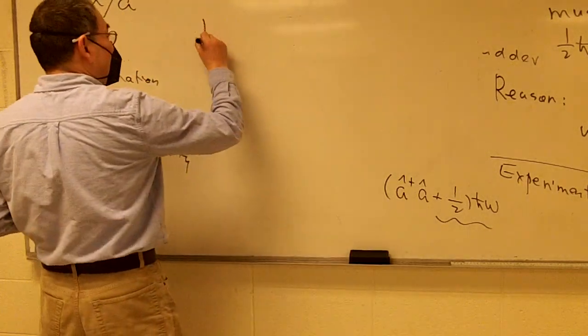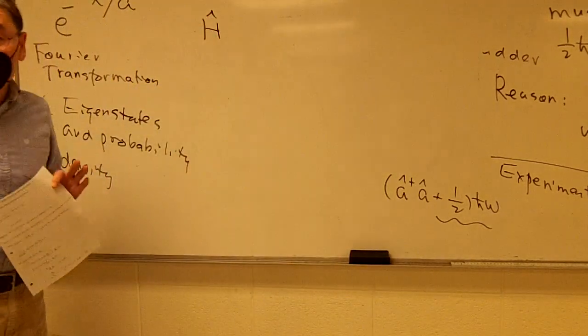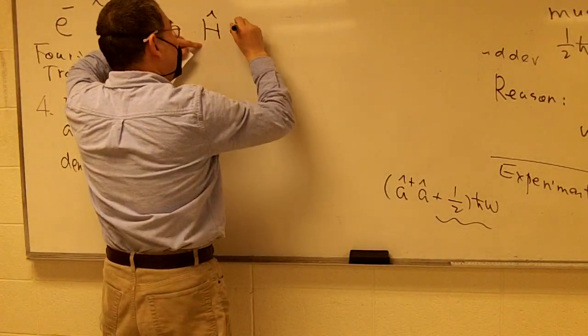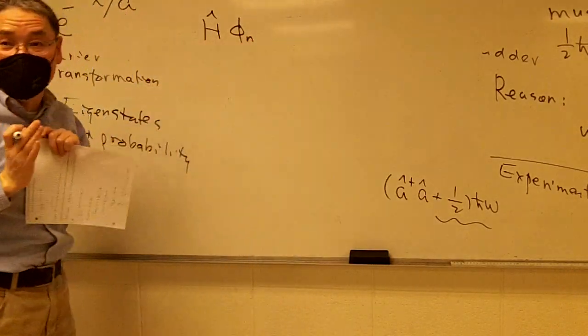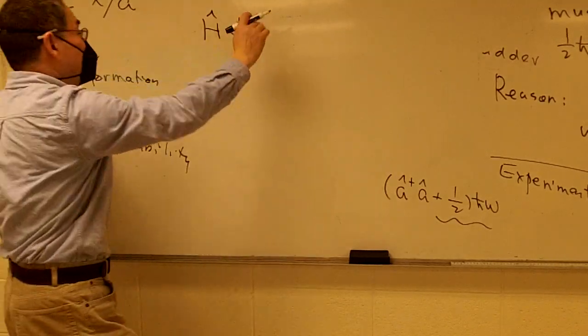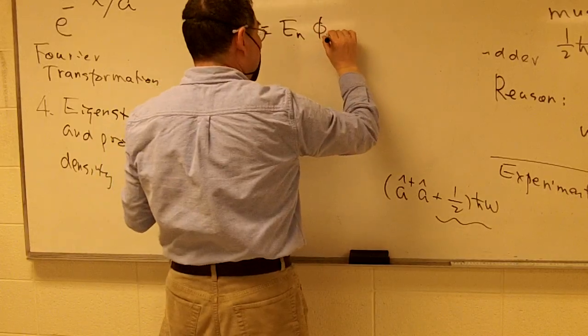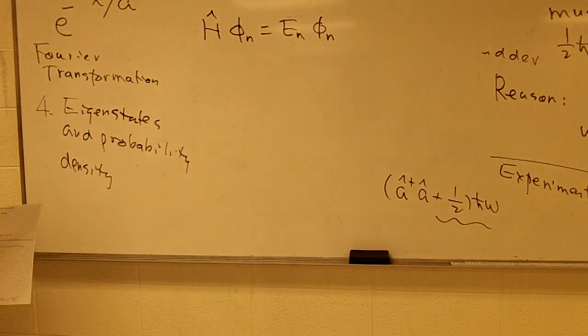Suppose I already got an eigenstate. So this is the Hamiltonian, and this is the eigenstate itself. Now these are all assumed. I didn't say we know them yet, but we're just assuming this way.